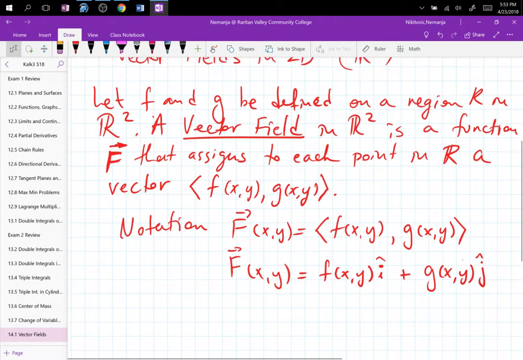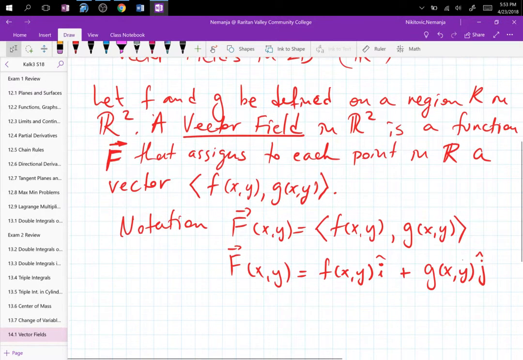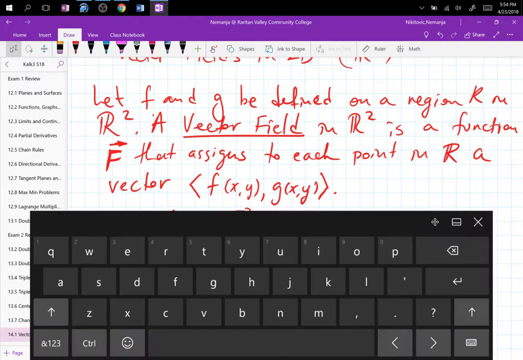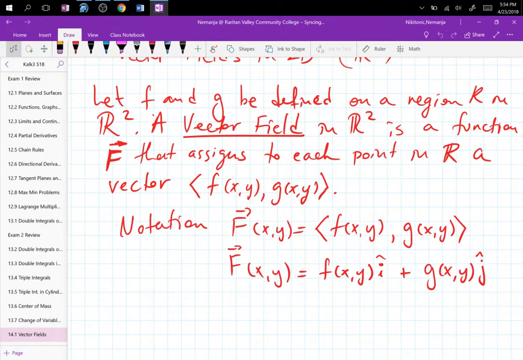So when you're looking at this definition, you should immediately ring the bell from your definition of a function. What's the definition of a function? From pre-calculus and then calculus 1. A function is a rule which assigns to each x in the domain a unique y in the range. You see the same definition here, except you are assigning to each point in space R a vector f.